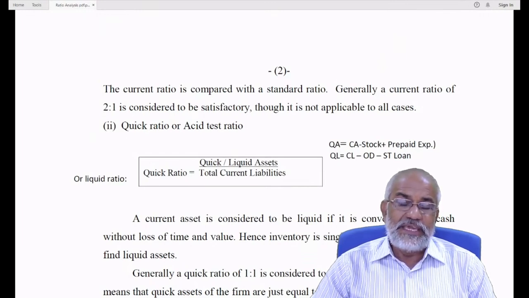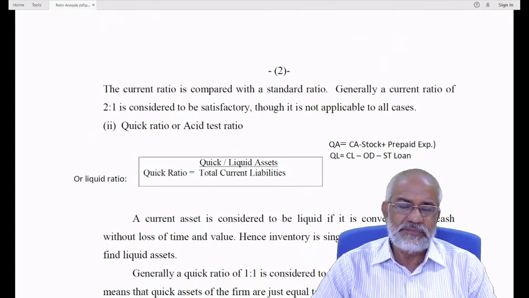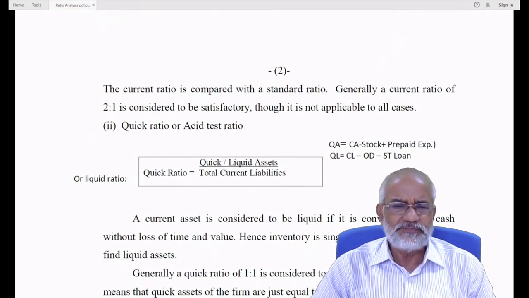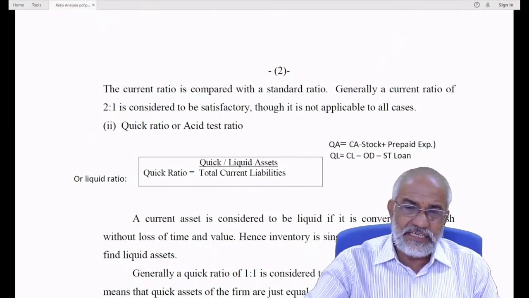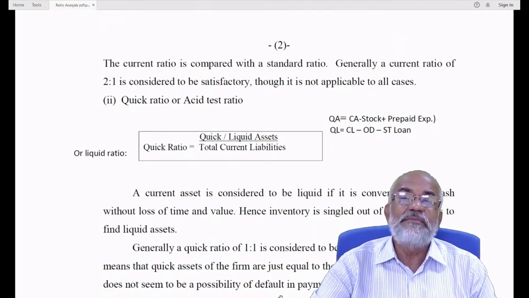So when quick asset is divided by quick liability, that is called the acid test ratio, which is otherwise called the quick ratio. It is otherwise called the liquid ratio also. A current asset is considered to be liquid if it is convertible into cash without loss of time and value.